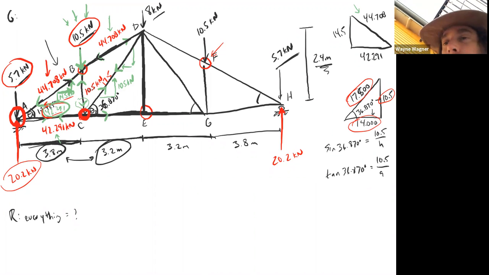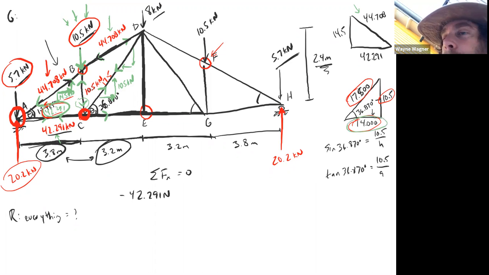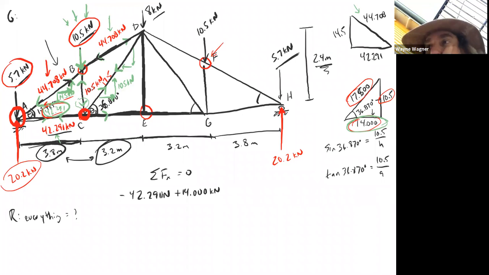I'm actually going to write this one out because we're starting to get a lot of forces in there. It looks like I've got this force, negative 42.291 kilonewtons to the left. I've got this one going this way, which from my force triangle is a positive 14.000. These are kilonewtons; I've been making that error this whole time.